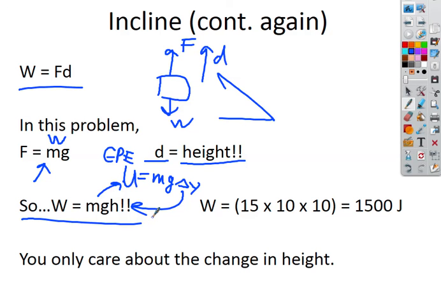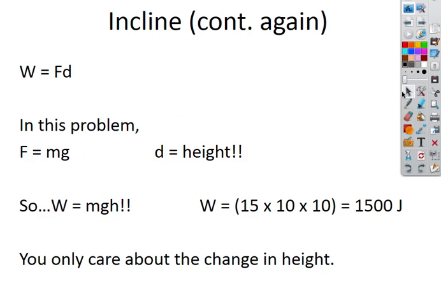So work is basically equal to the change in potential energy. You're changing the height of the object, so we only care about the height. We can multiply all those things out, put all the pieces together, and I get 1,500 joules as the work being done.